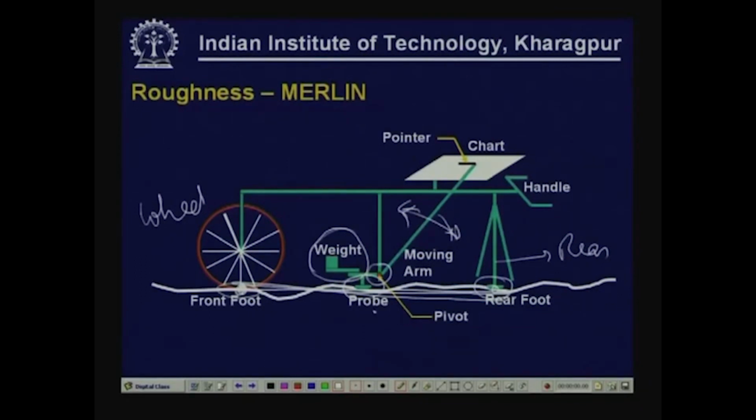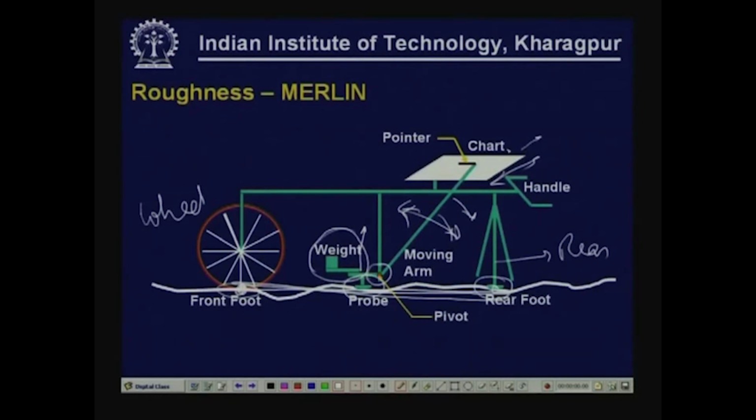At a given position, the probe touches the pavement surface. That position is represented by the pointer, which moves on the chart in this direction. If the probe goes up, this will be moving in this direction. So corresponding to that, the pointer will move in one direction.